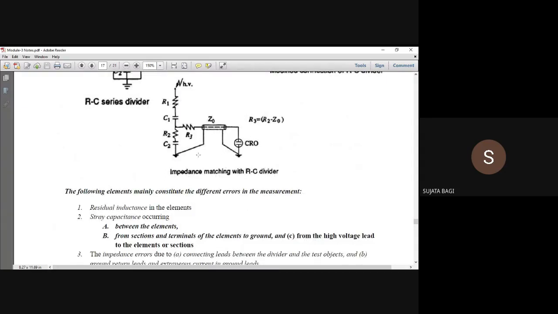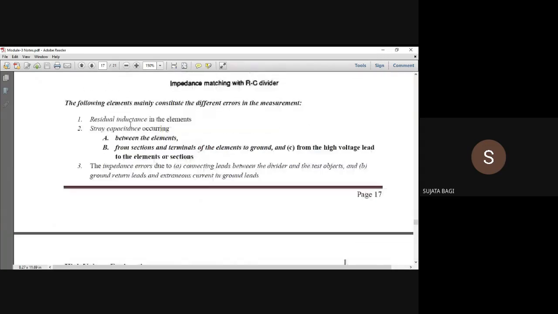But sometimes errors may occur in the measurement with RC dividers. There may be residual inductance in the elements, and stray capacitance, which may be between the elements, or from sections and terminals of the elements to ground, and from the high voltage lead to elements or sections. Impedance errors may also be caused by connecting leads between the divider and test object, and by ground return leads.